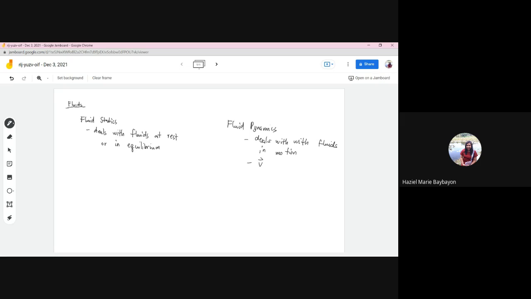Di ba matter can be categorized into 4 major categories. So we have solids, liquids, gases, and then plasma. Okay. Solids, ang mga solids class kay nana siya, it is composed of molecules that are so compact that maglisod sila og move. Okay?